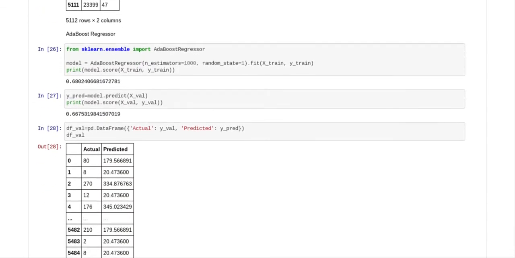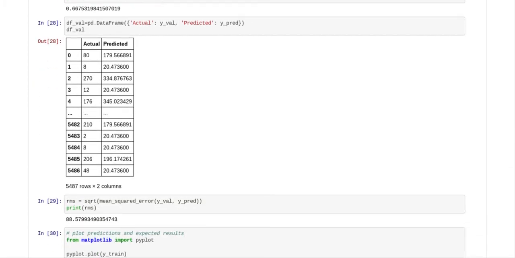Then we checked AdaBoost regressor because that was a model that I had a lot of success with. When we put it on the model, we had 68.02% accuracy on X train, Y train, and 66.75% accuracy when we predicted on it.